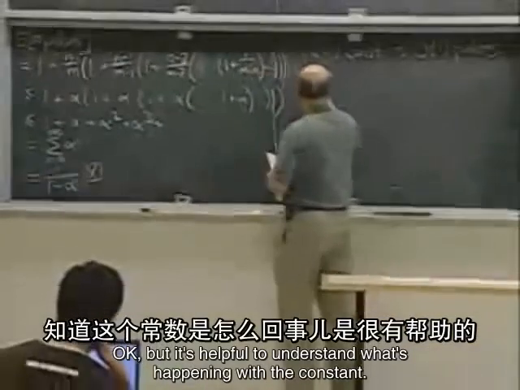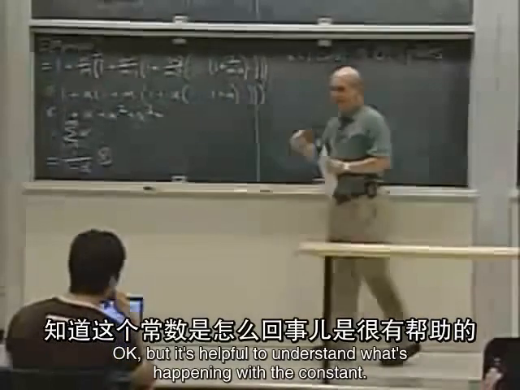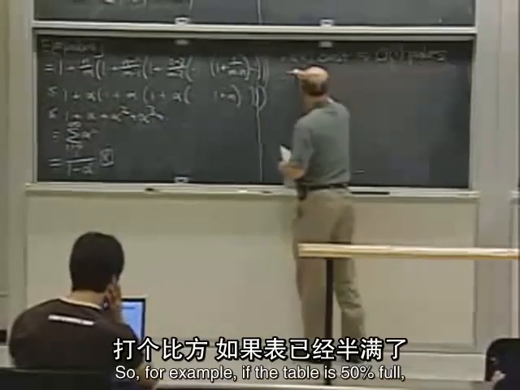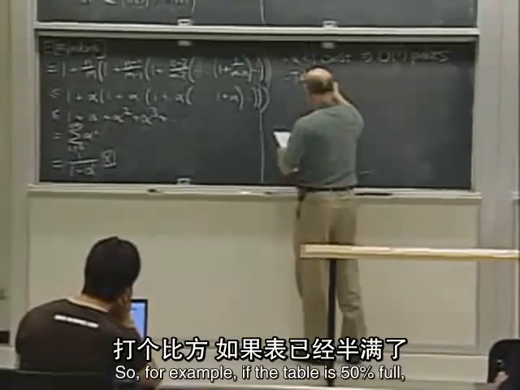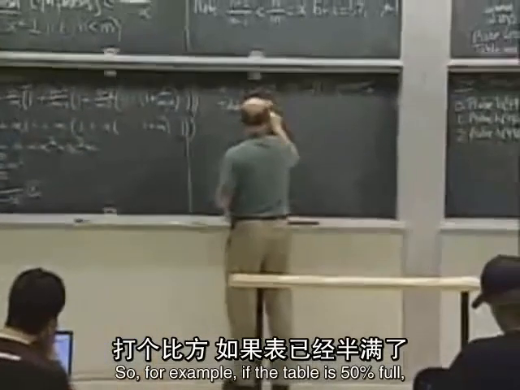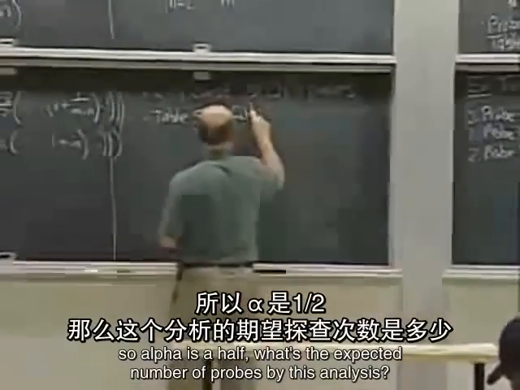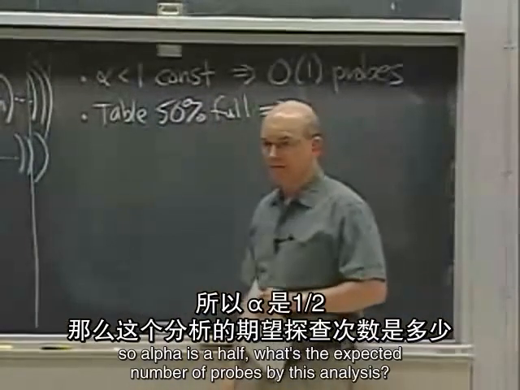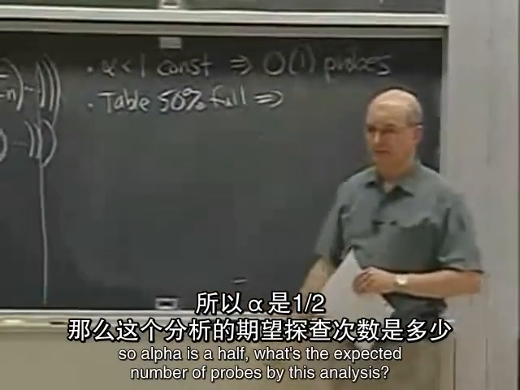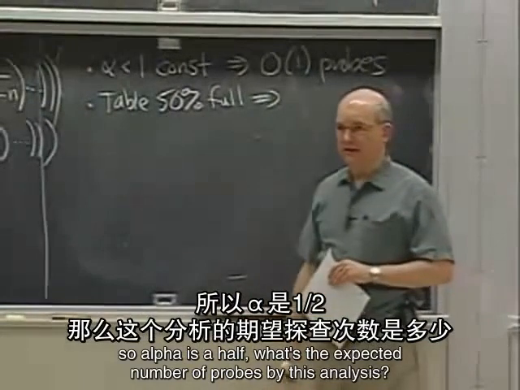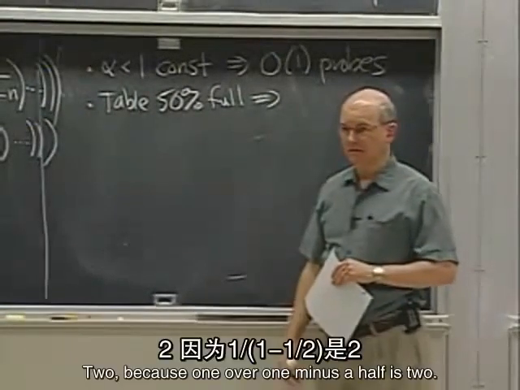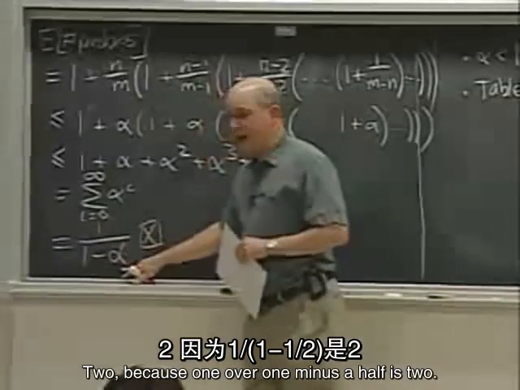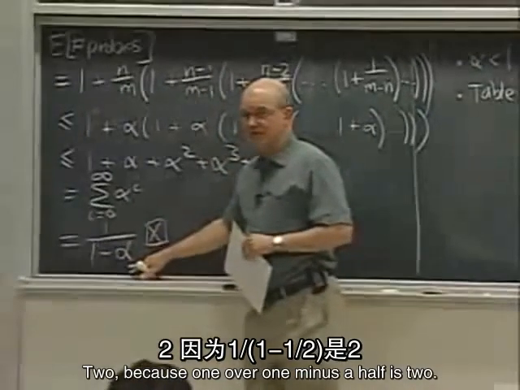But it's helpful to understand what's happening with the constant. So for example, if the table is 50% full, so alpha is a half, what's the expected number of probes by this analysis? 2, because 1 over 1 minus a half is 2.